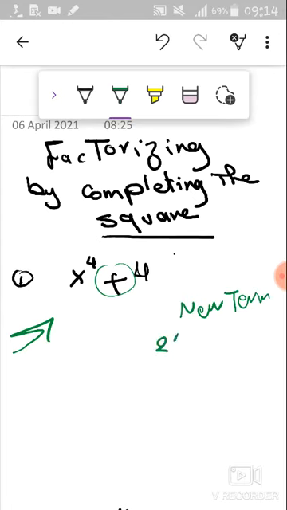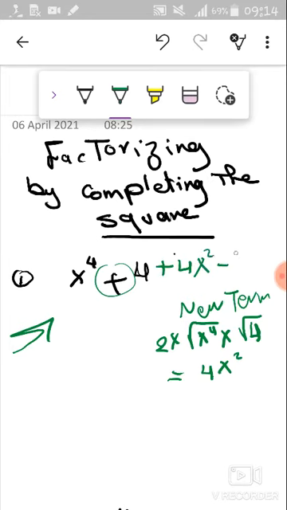which is equal to 2 times the square root of x to the power 4 times the square root of 4, which is equal to 4x square. This new term I will add and subtract: plus 4x square minus 4x square. If we add the term and then subtract it, we didn't change the expression.